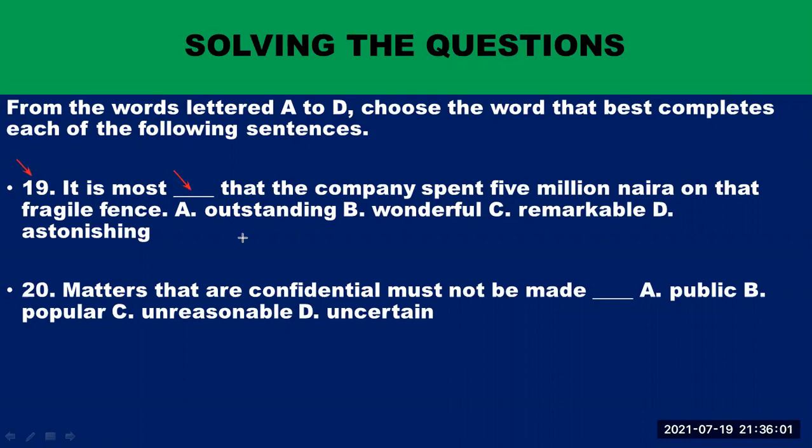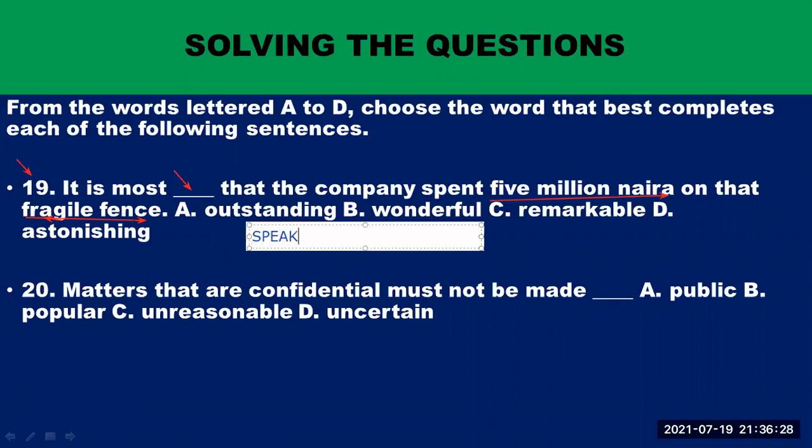Because here, the speaker uses the words fragile fence. A company spent 5 million naira on a fragile fence, a fence that is not strong enough. So obviously, this speaker must have been disappointed with the development, or he must have been surprised or shocked by that kind of expenditure.